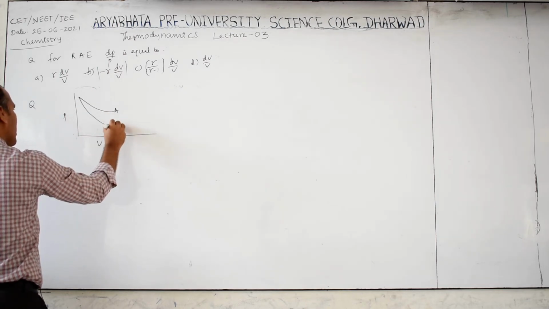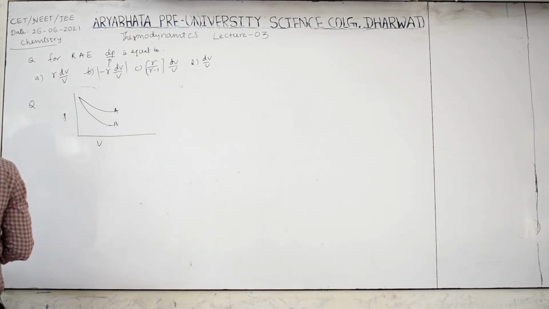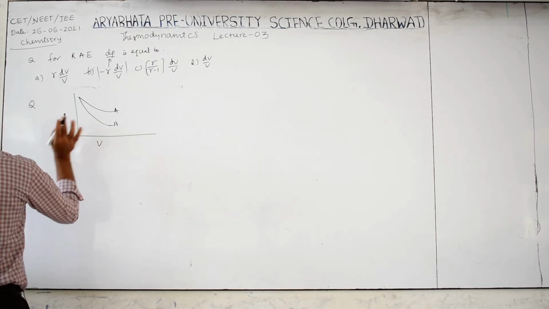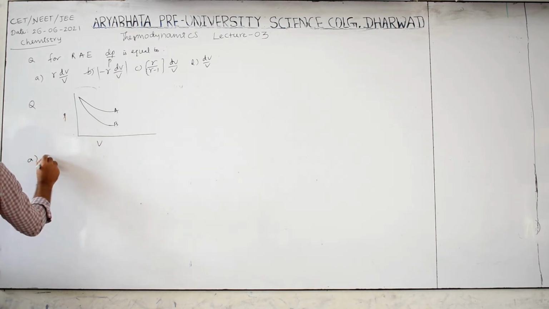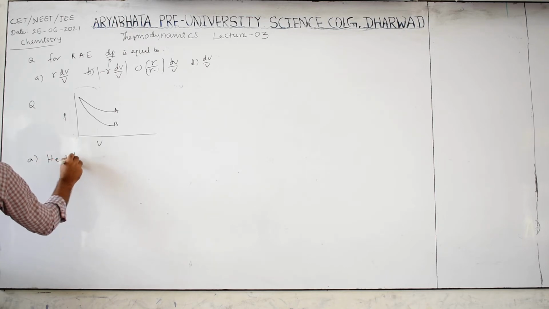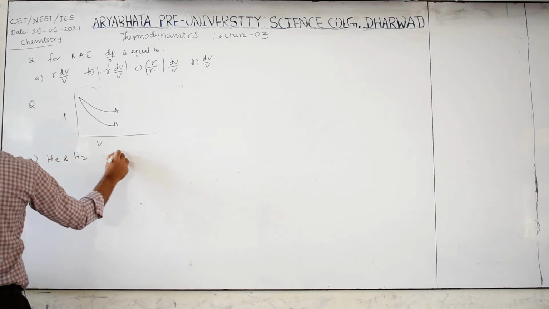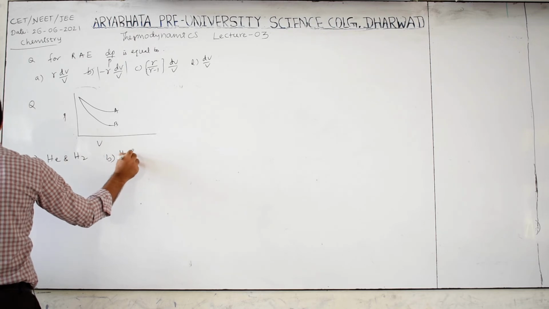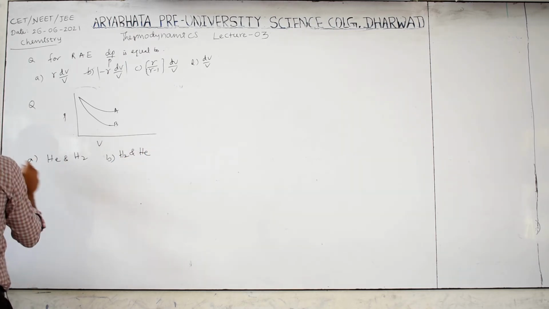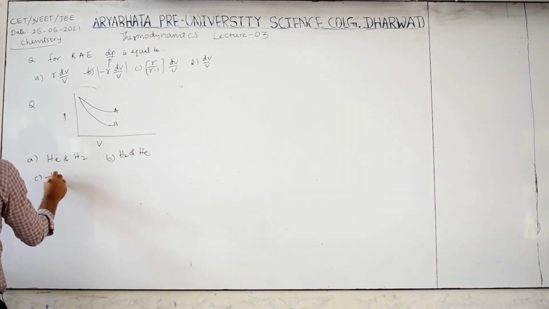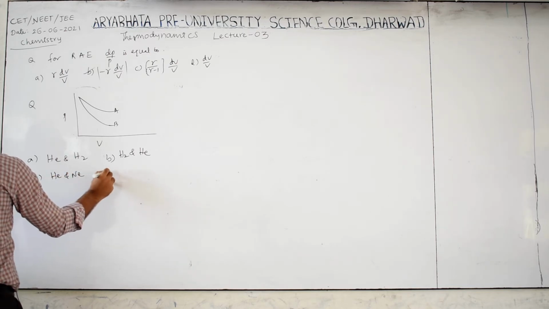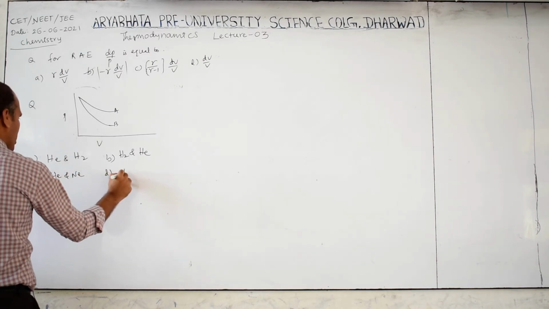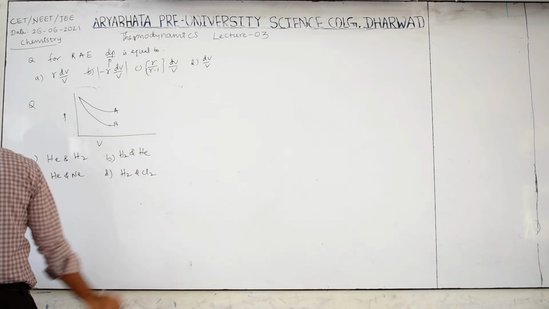This is A, this is B. Option A is helium and H2. Option B is H2 and helium. Option C is helium and neon. Option D is H2 and Cl2.